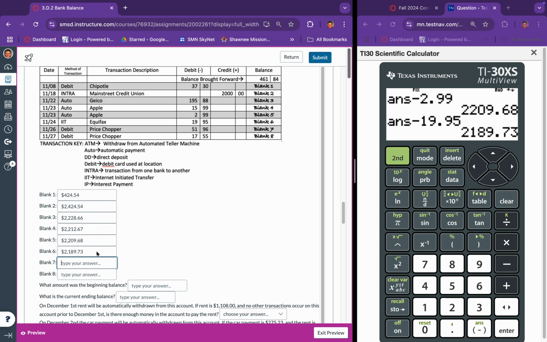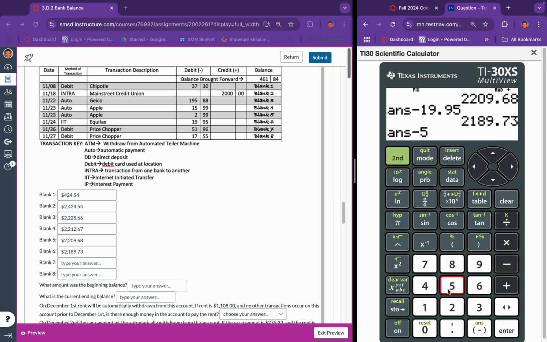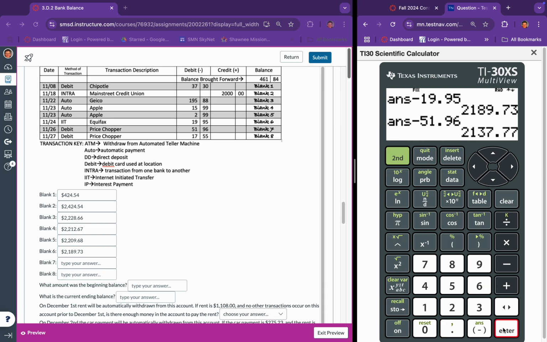So after that, we went to Price Chopper. On November 26th, we went to Price Chopper, and we used our debit card. Our groceries that day were $51.96. So we are going to subtract $51.96. And so that's going to give you $2,137.77.